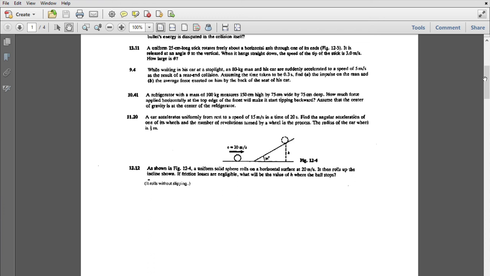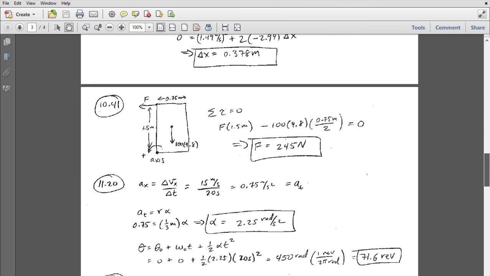If you push hard enough, you'll be able to get it to start tipping back on that back part touching the floor. What minimum force can you apply to do that? That's 1041, and that sounds like a static equilibrium problem.